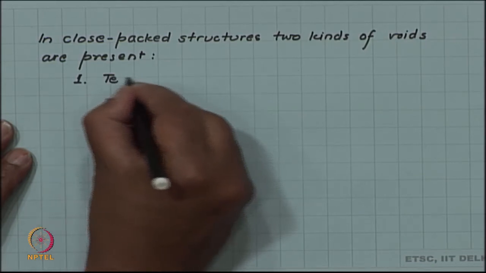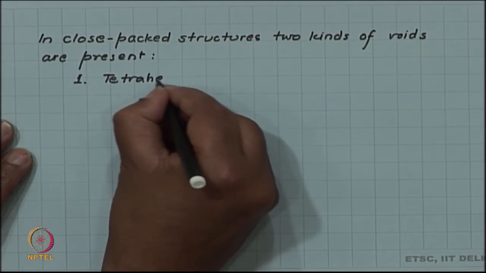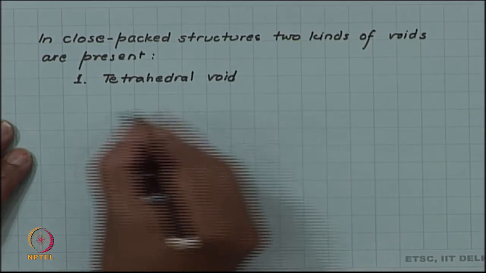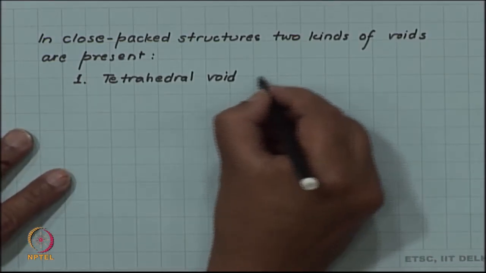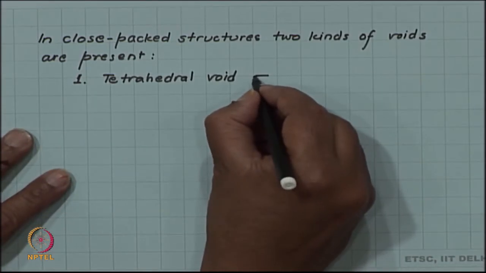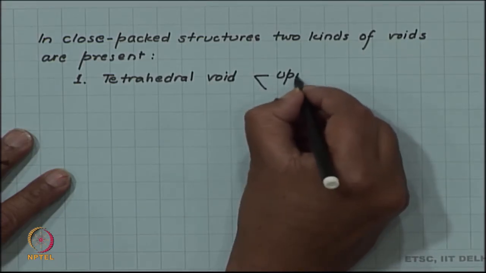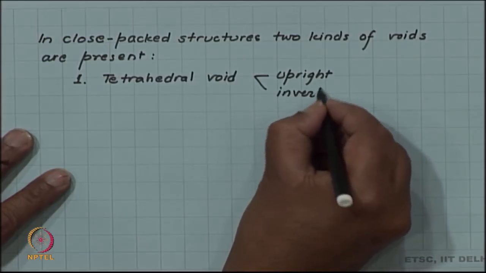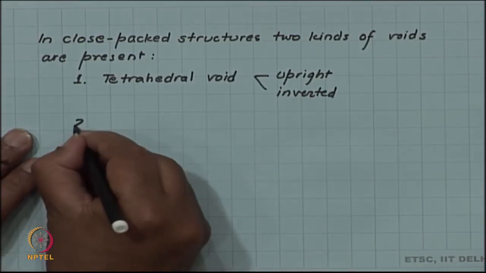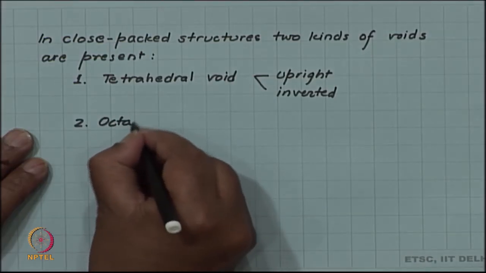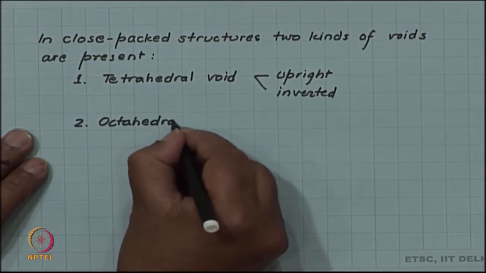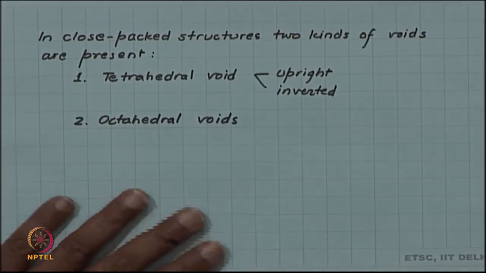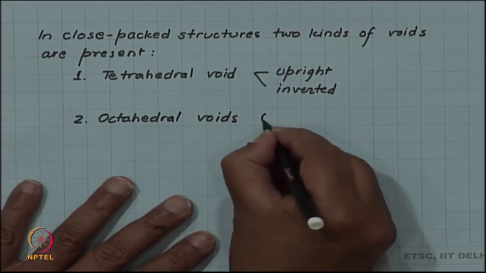One is the tetrahedral void, which comes in two orientations, upright and inverted. And octahedral voids, which come only in one orientation.